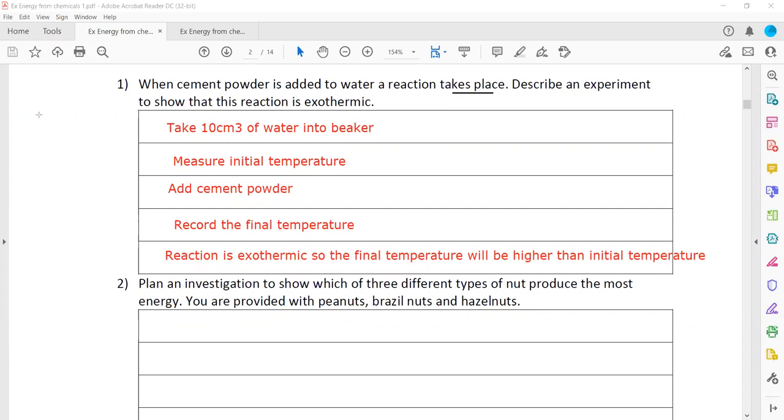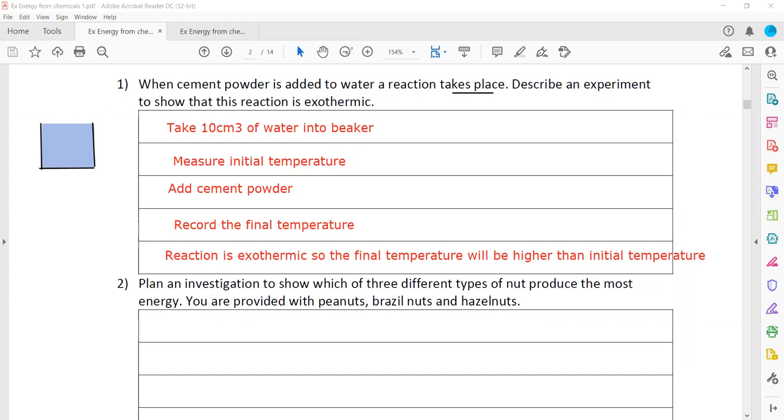So for example, we have a container, and we fill it with water, like 10 cm cube of water. We measure the initial temperature.